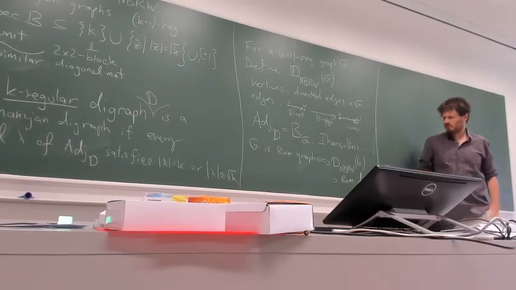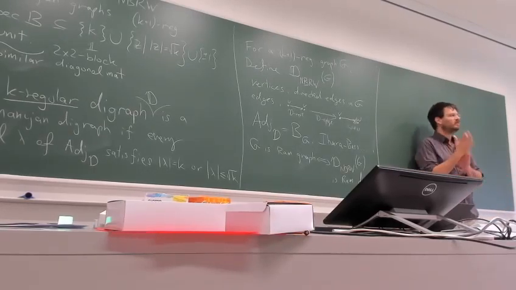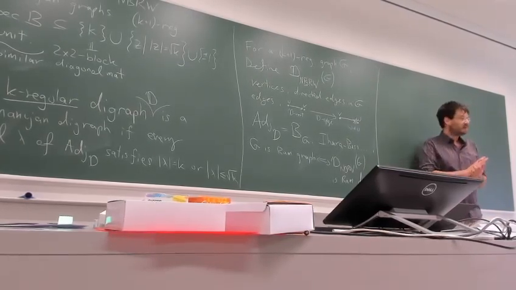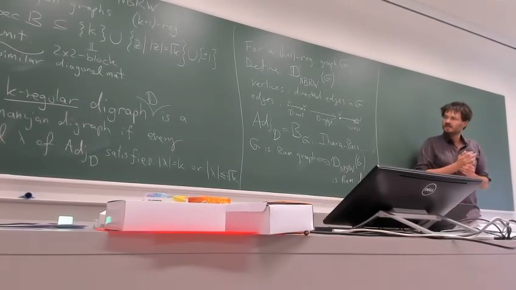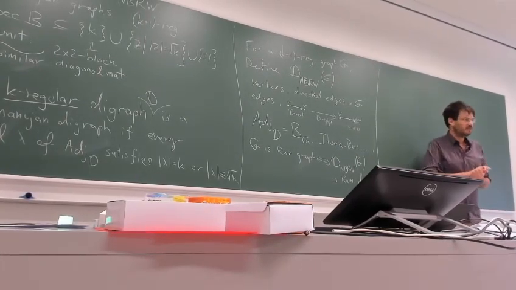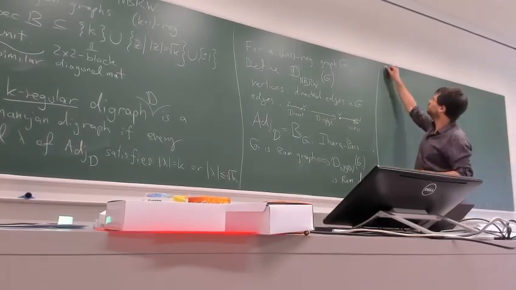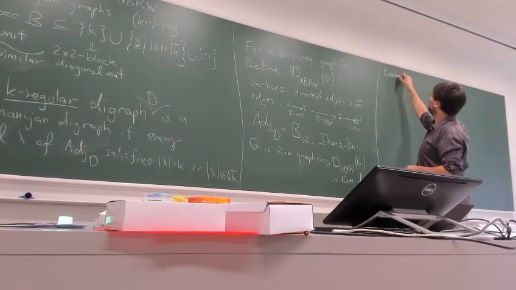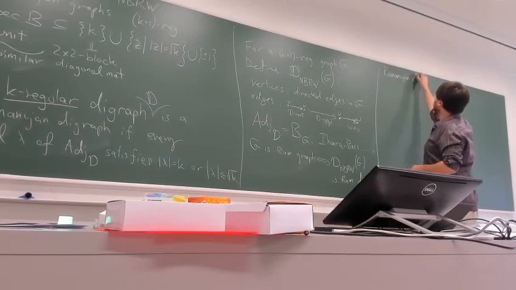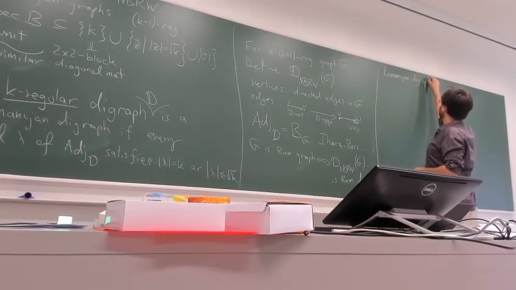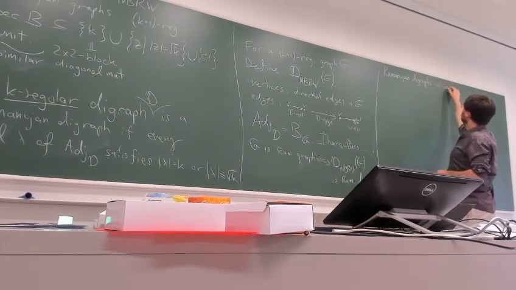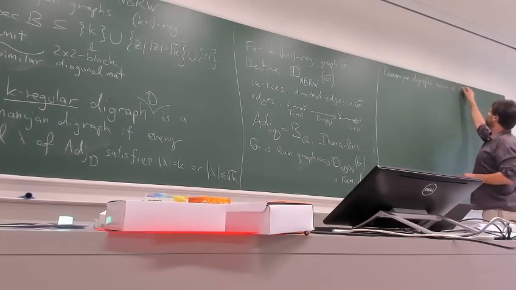So this is just a fancy way of saying what we said yesterday. We just give it a name. The point is that it turns out this is really a high-dimensional phenomenon. So it turns out that Ramanujan digraphs occur in higher dimensions.